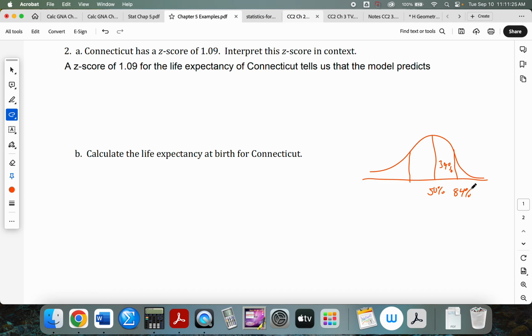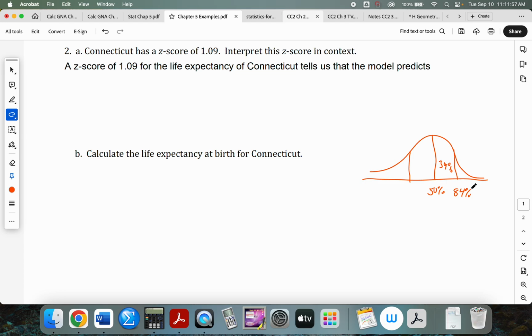So there's 68% in the middle, right? That leaves how much? 32. So that means 16% in each tail, right? So they're in the top 16%.